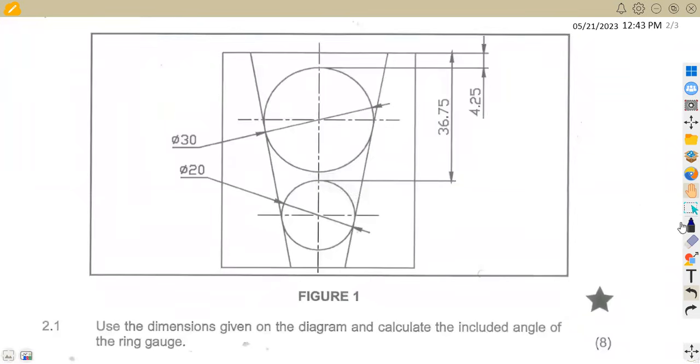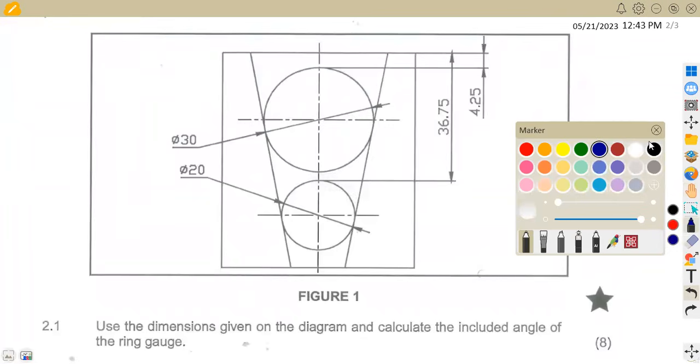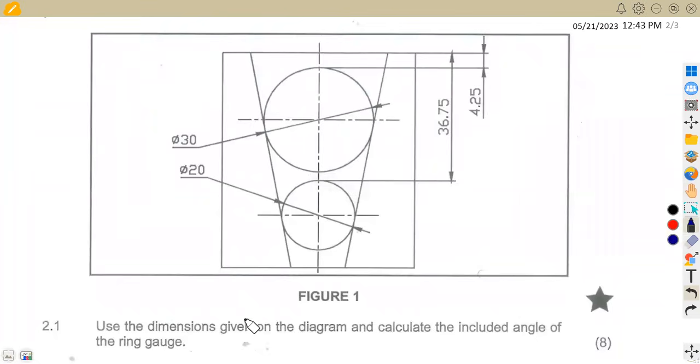So this is the first part of the question where we are given: use the dimensions given on the diagram and calculate the included angle of the ring gauge. Okay, we need to calculate the included angle of the ring gauge in this case, which is the angle theta between here.